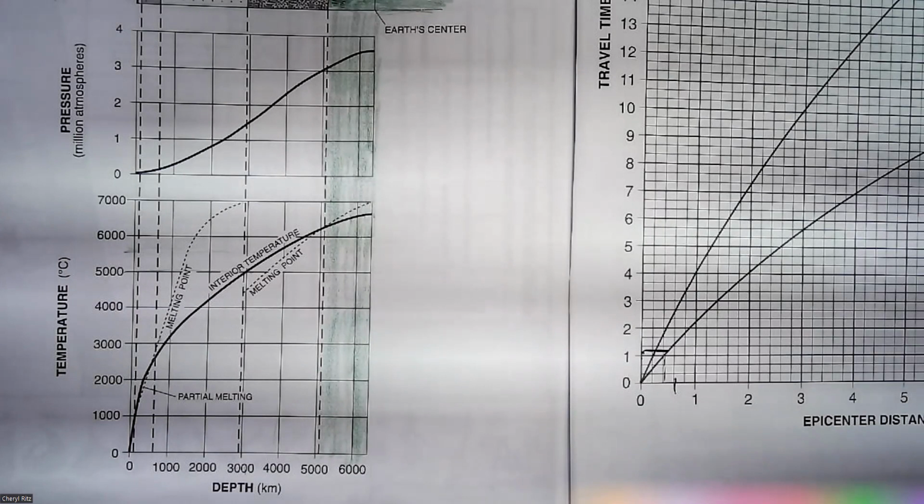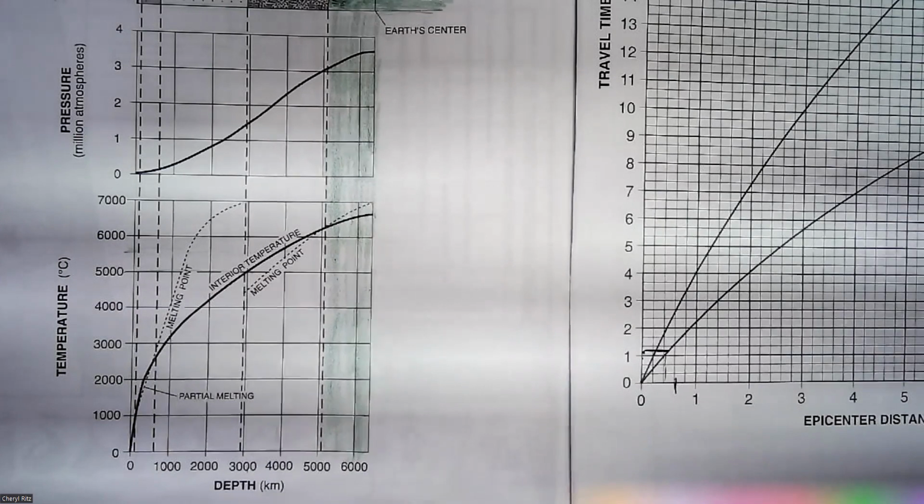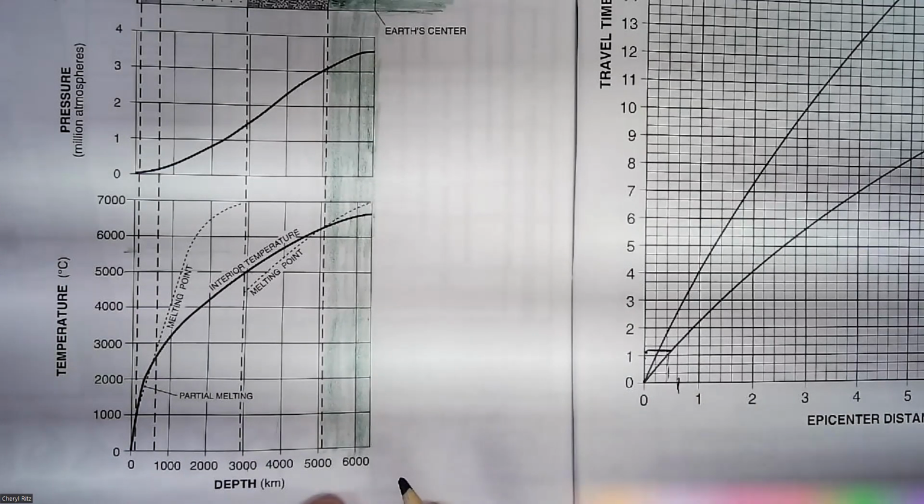How deep is the inner core? Very. How deep? Can we figure that out from here? How deep is the inner core? Over 5,000. What if they asked for a range? So over 6,000 is how deep it gets, but what if we ask for a range?